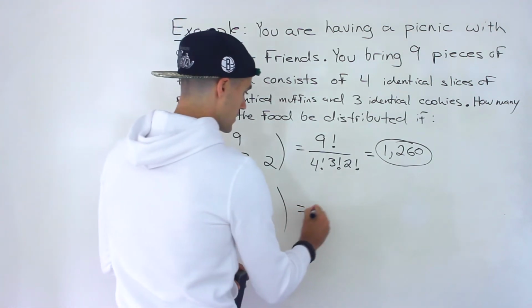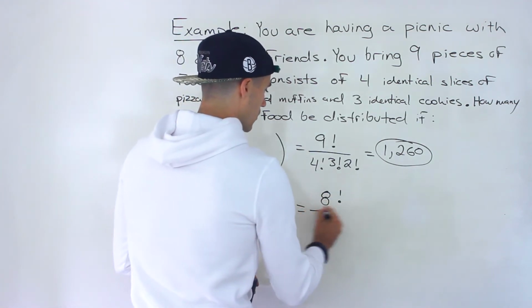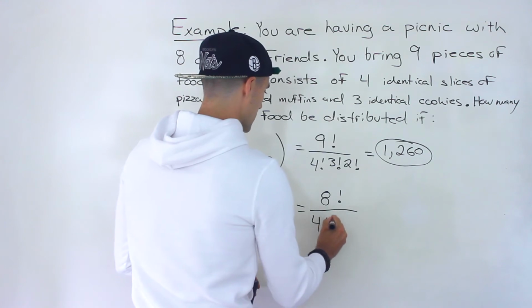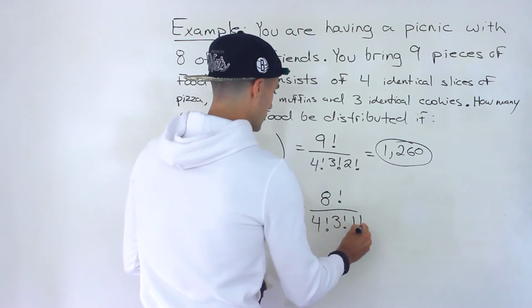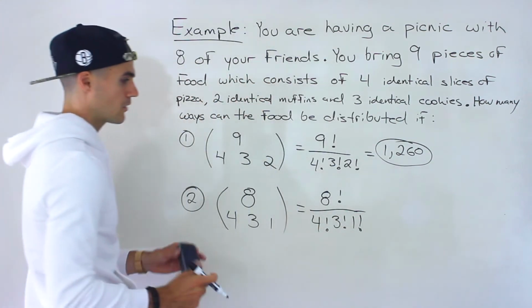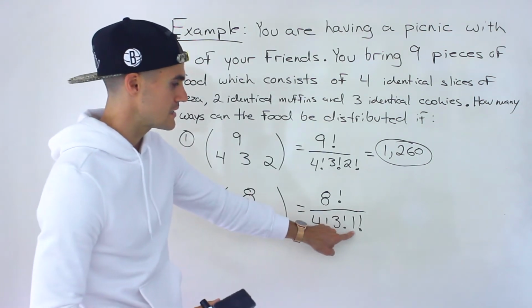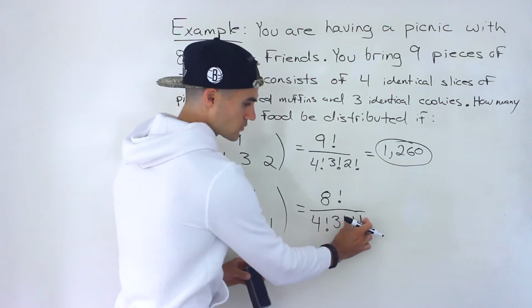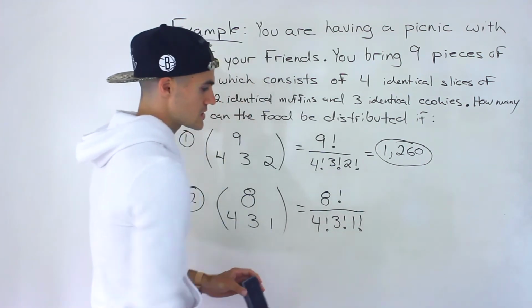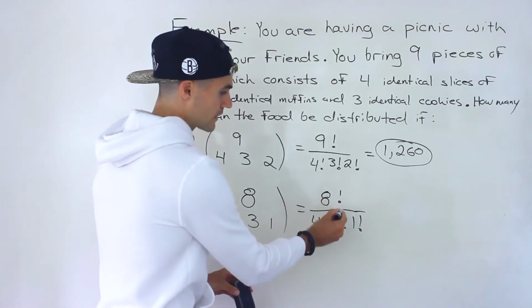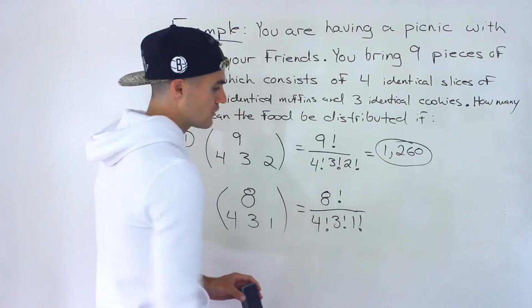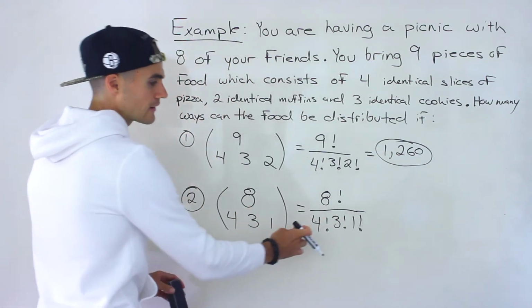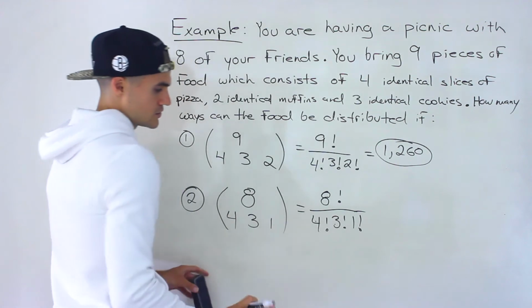And so this would end up being 8 factorial over 4 factorial times 3 factorial times 1 factorial. Now, I mentioned in other word problems, a lot of times you won't see if there's like a 1 here. Maybe a solution won't show this 1 factorial because 1 factorial is just equal to 1. It may just show 8 factorial over 4 factorial times 3 factorial. But personally, I like to put everything here just to be safe.